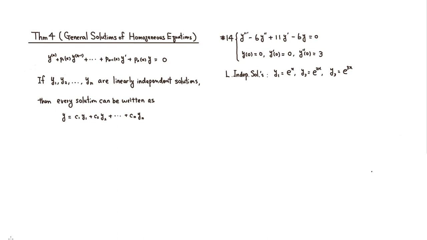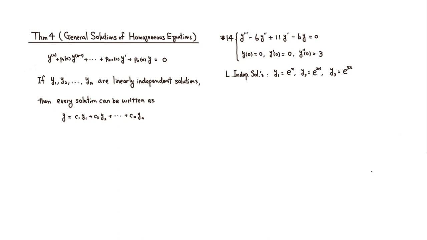We have a third order homogeneous linear equation, with the initial conditions given there. Let's say we already have linearly independent solutions: y1 is e^x, y2 is e^(2x), and y3 is e^(3x).